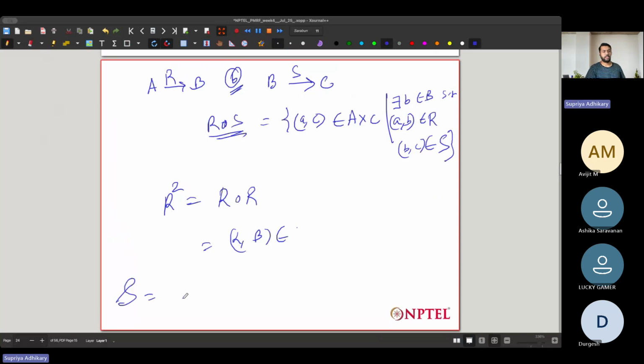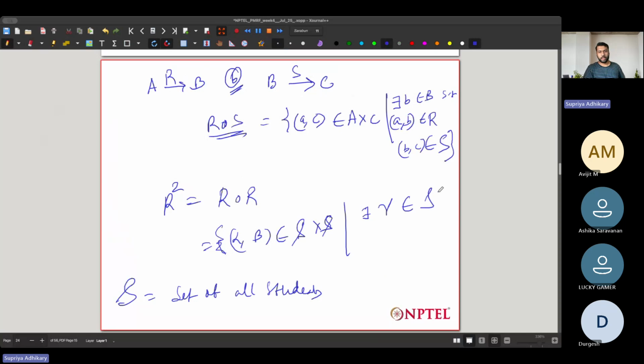Then R square is the set of all (alpha, beta) in S cross S such that there exists a gamma in the set of all students such that (alpha, gamma) belongs to the relation R and (gamma, beta) belongs to the relation R. So this is the definition of R square.